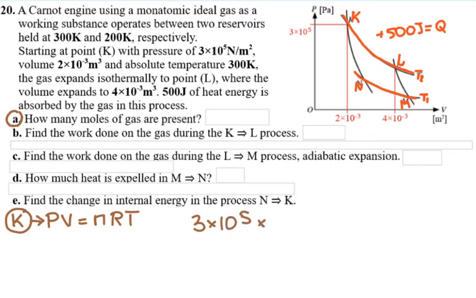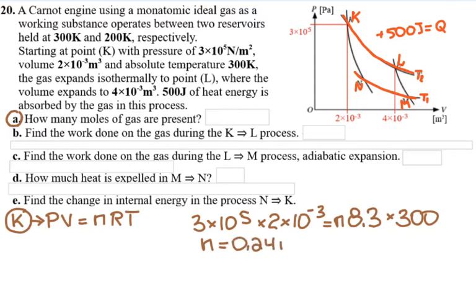The volume at K is 2×10^-3. And the number of moles n is what we're looking for. R is the ideal gas constant, 8.3. And then the temperature at K is 300. So from here I can tell that n is equal to 0.24 mole.